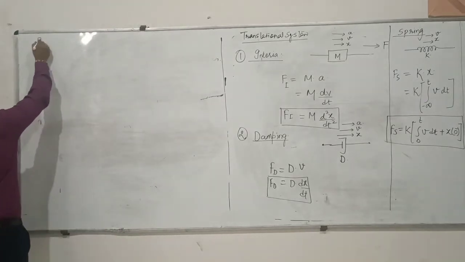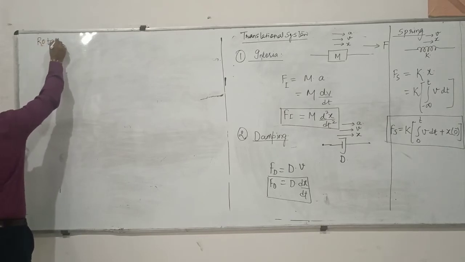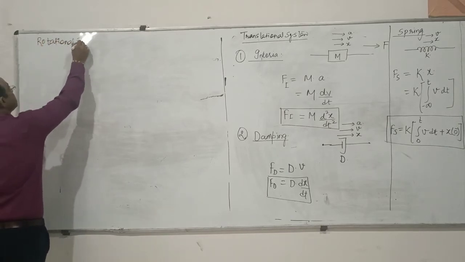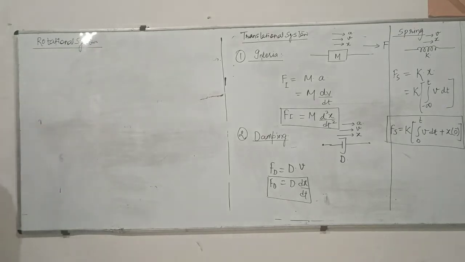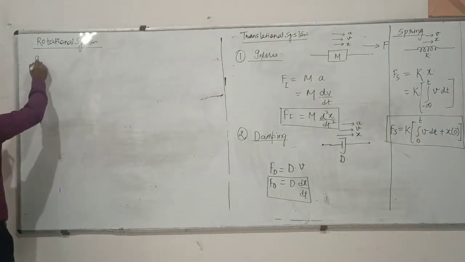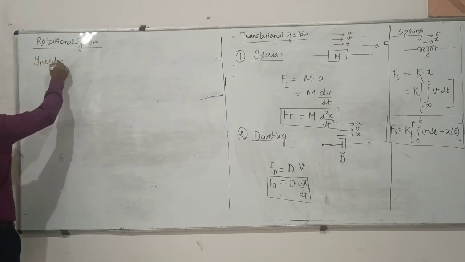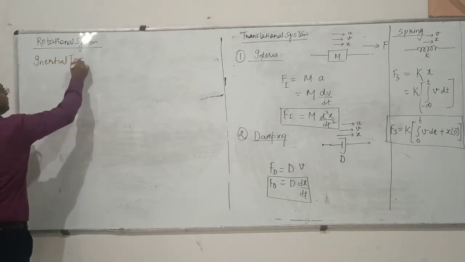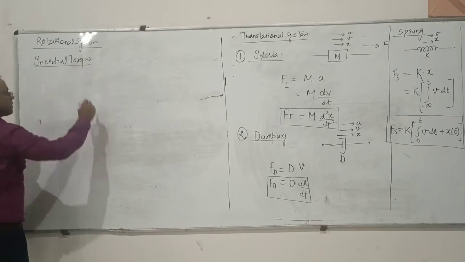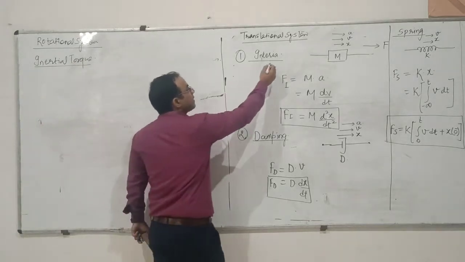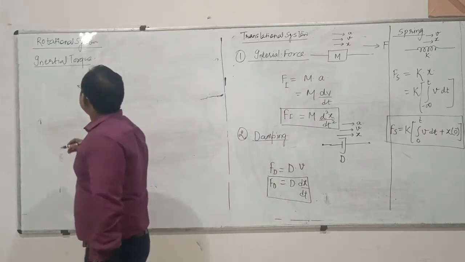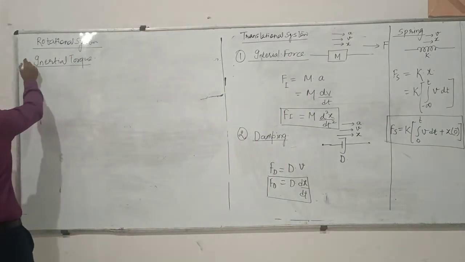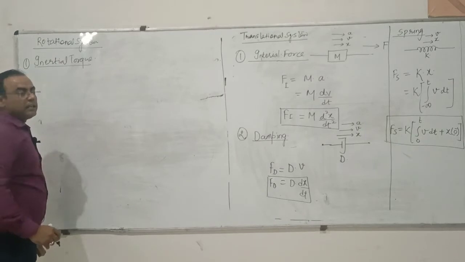For the case of rotational system, here we can discuss the inertial torque. In the case of translational system, we can discuss the inertial force, whereas in the case of rotational system, the first element will be inertial torque.